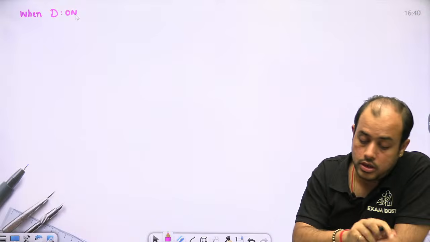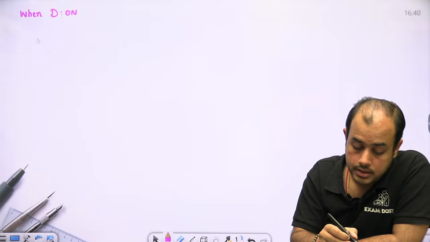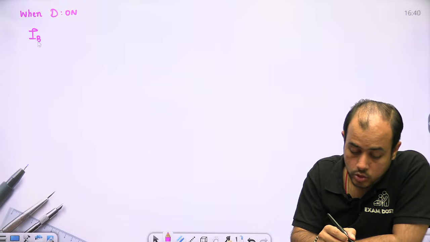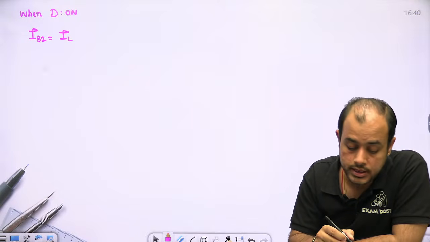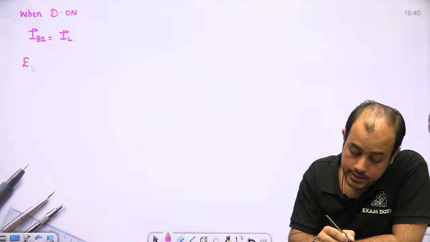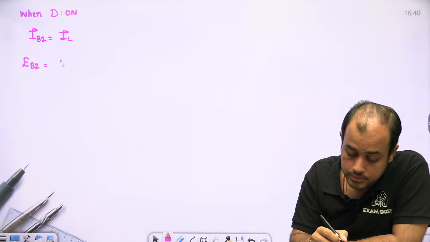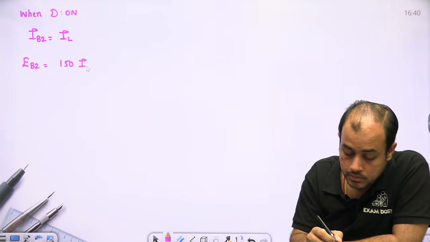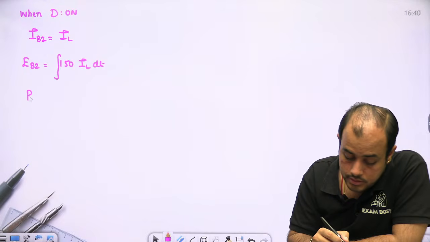Now, beta, when diode is on, okay, so current going into B2 is IL. जब diode on होता है, so what is energy in B2? That is power integration.